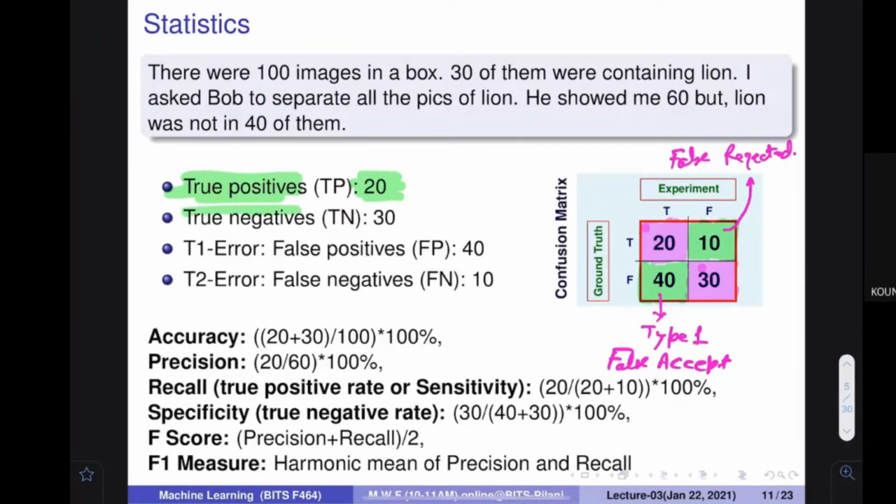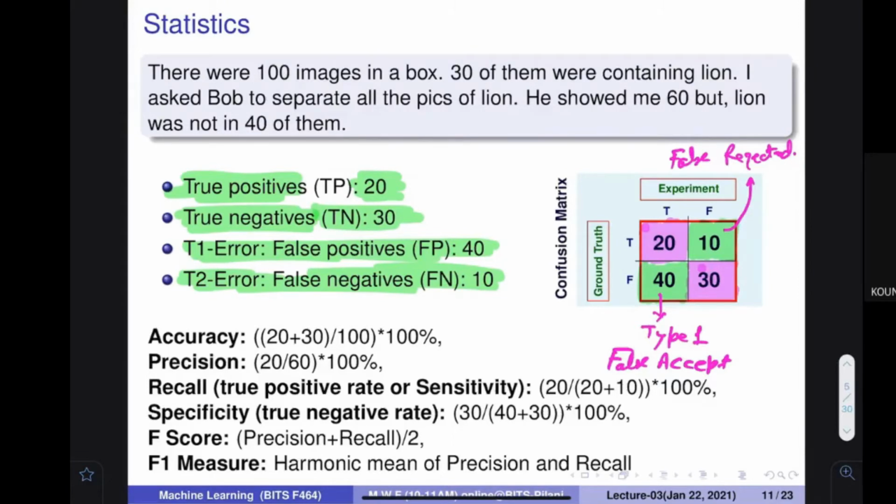How many places is there a true negative? When my system is correct in telling the negative, it is here. It is here, 30. So the answer is 30. Everybody is clear? Type 1 error, as I told you, is a false accept, that is a false positive, that is 40, and type 2 error is a false negative, that is 10.